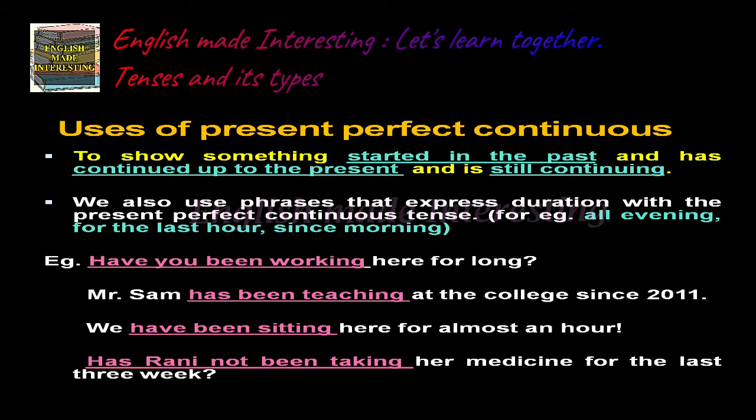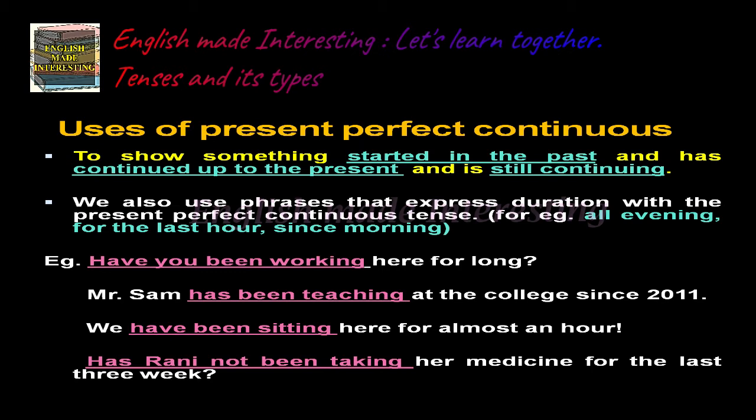That is when you use present perfect continuous tense form. We also use phrases that express duration with the present perfect continuous tense. For example, all evening, for the last hour, since morning, etc.